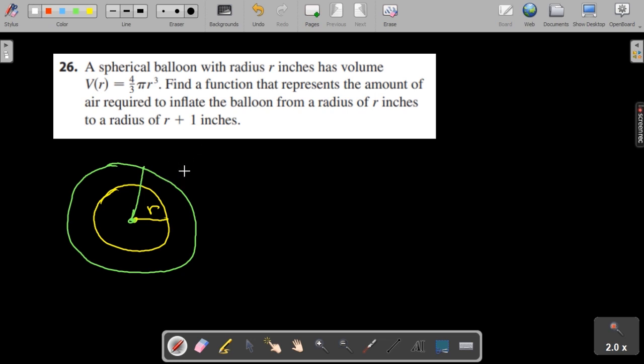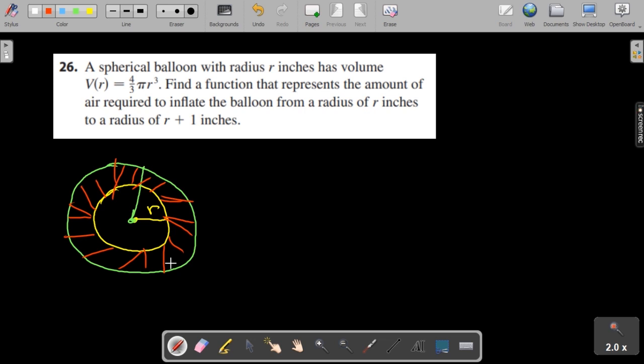And the question is asking for a function that represents the amount of air. So that air is essentially this red part here, this red portion which I am shading. If you look at it, we now have a bigger balloon and the original one inside.